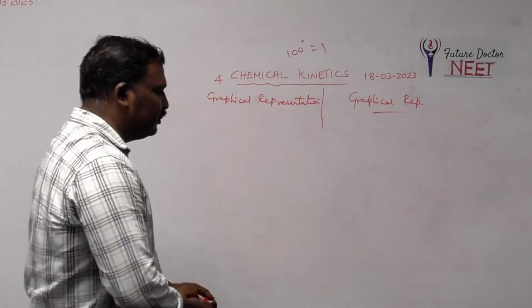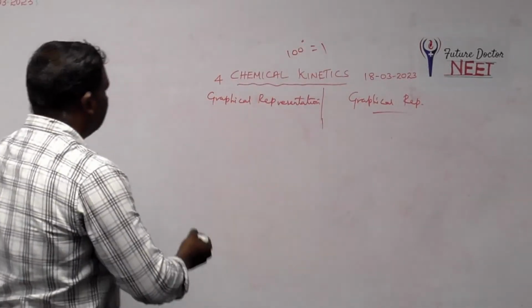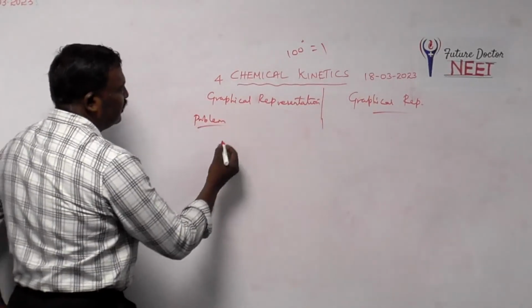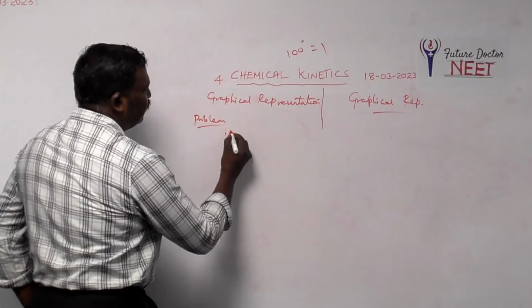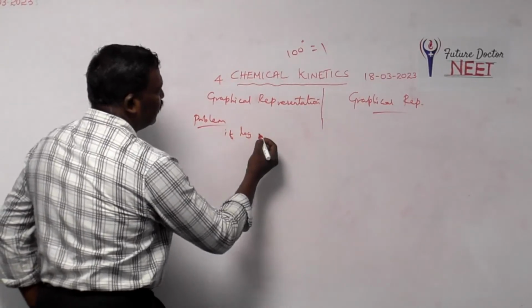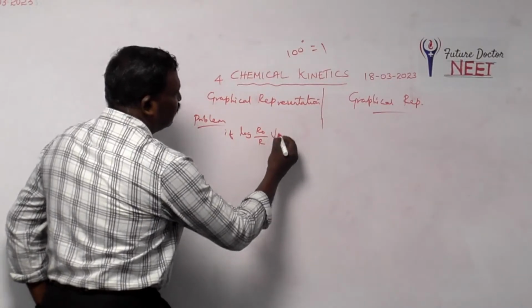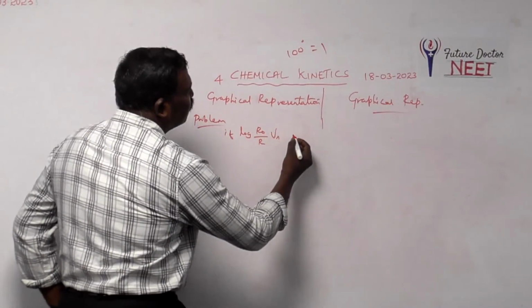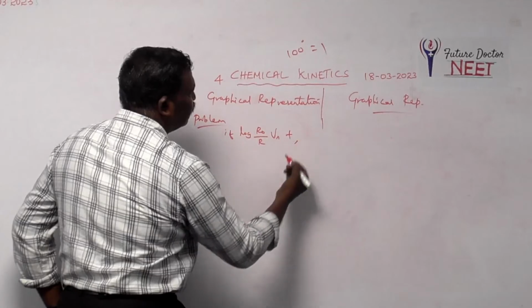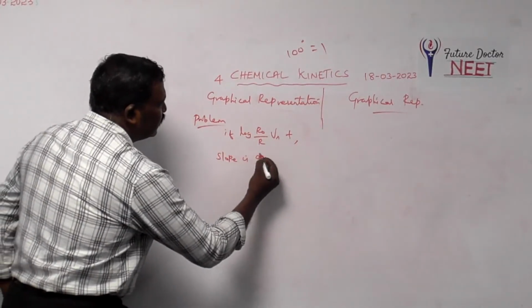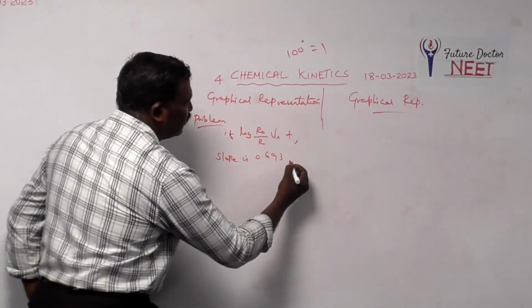Just write one problem. If log r naught by r versus time, the slope is 0.693.